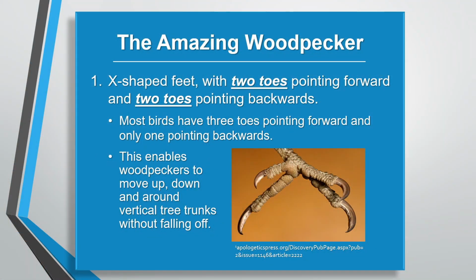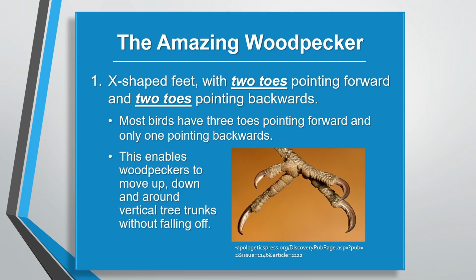The anatomy of a woodpecker is unlike that of any other bird. For example, woodpeckers have two design features that help them stabilize themselves while moving and drilling on a vertical tree trunk. First, they have two X-shaped feet with two toes pointing forward and two toes pointing backwards.